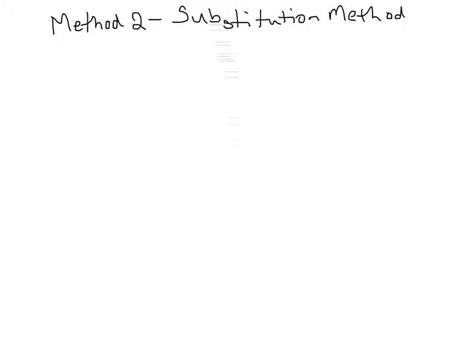Okay, so substitution method. Substitution method is going to be useful to you if you have one equation in y equals ax plus b, and the other equation is in general form, so ax plus by plus c equals 0.